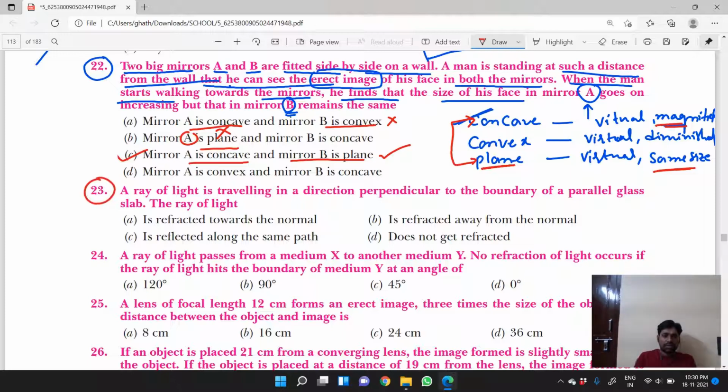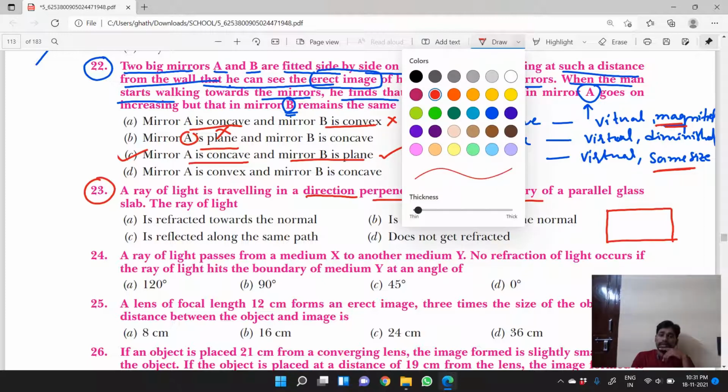Next, the 23rd question. A ray of light is traveling in a direction perpendicular to the boundary of a parallel glass slab. What happens to the ray? That is the question. Here is a glass slab.